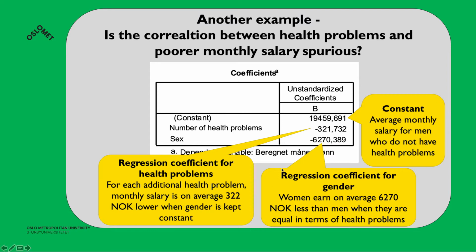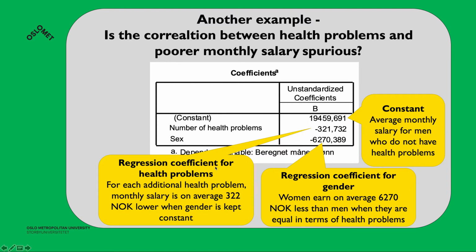But is the correlation between health problems and poor monthly salary spurious? Well, if we include sex, where men are 0 and women are 1, then we can interpret the constant again. This is the average monthly salary for men, because men have the value 0 on sex, who do not have health problems. So they earn on average 19,459 Norwegian kroner.